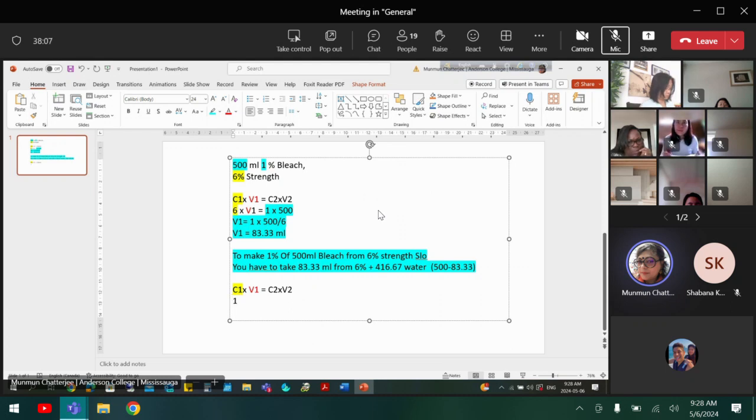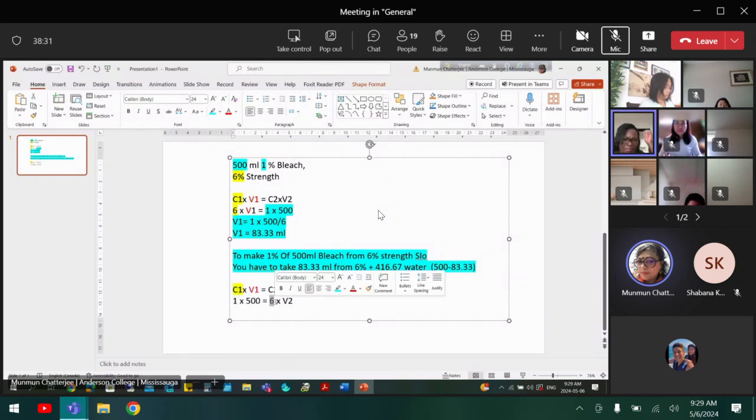You can put C1 as 1 times, but both give the same direction because this is your ultimate product, 1%. One side is what you have to make, and one side is from where you are making it.